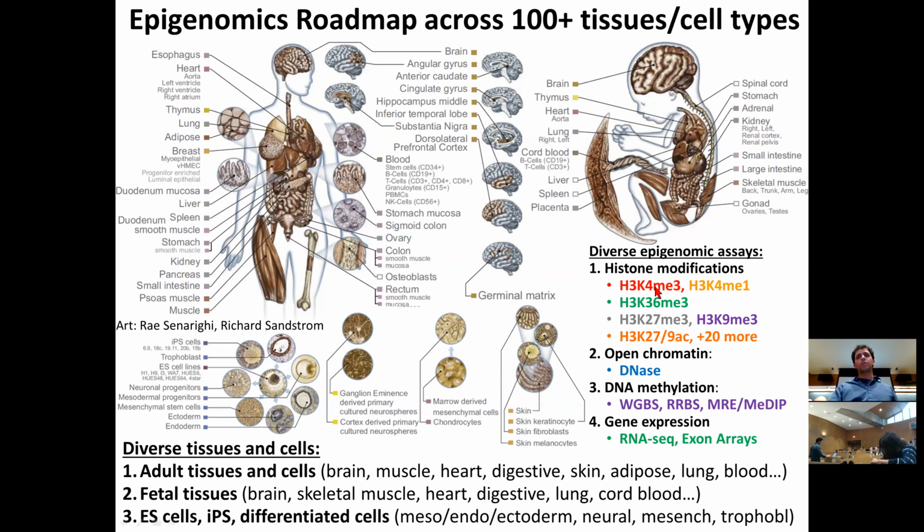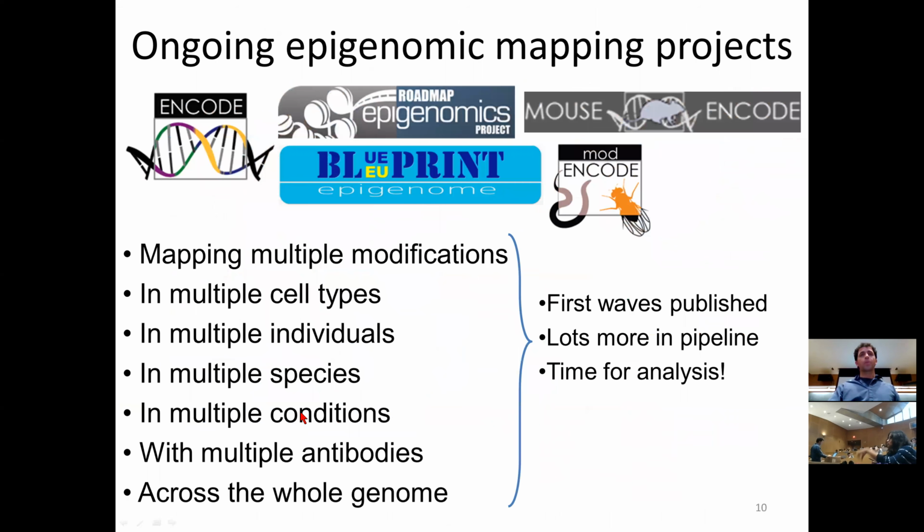So we mapped promoter-associated marks, enhancer-associated marks, transcribed marks, polycomb marks, heterochromatin marks, activity marks, accessibility marks, methylation, and transcription in each of adult tissues, embryonic tissues, iPS lines, embryonic stem cells, in vitro differentiated lines, that basically tell you about different tissues and what they look like.